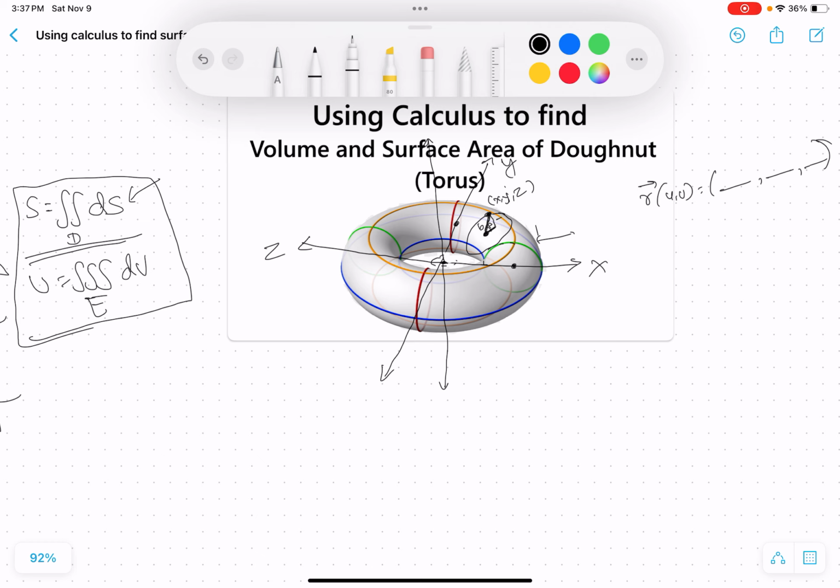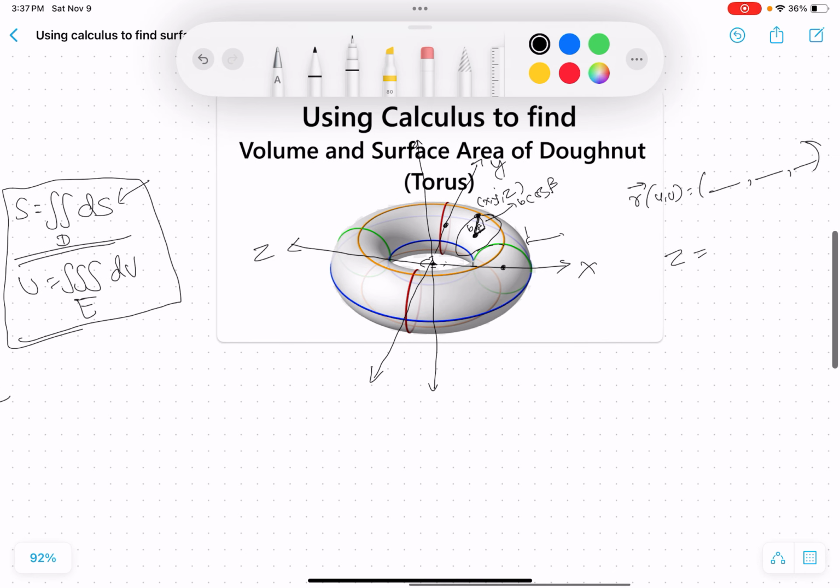So our z coordinate will always be b cos beta, where beta is the angle the point makes with the xy plane. If we vary beta from 0 to 2 pi, we will get the z coordinates of all the points on this circle, right?